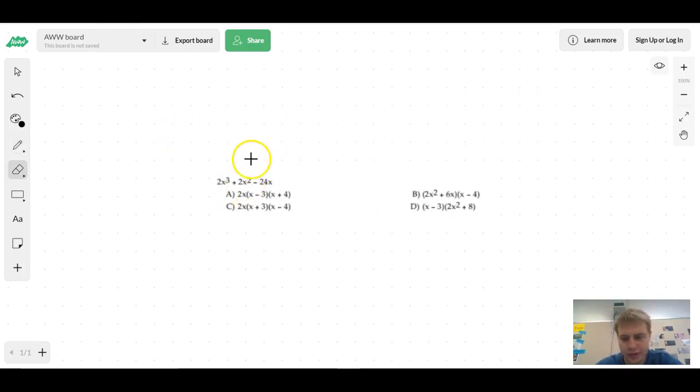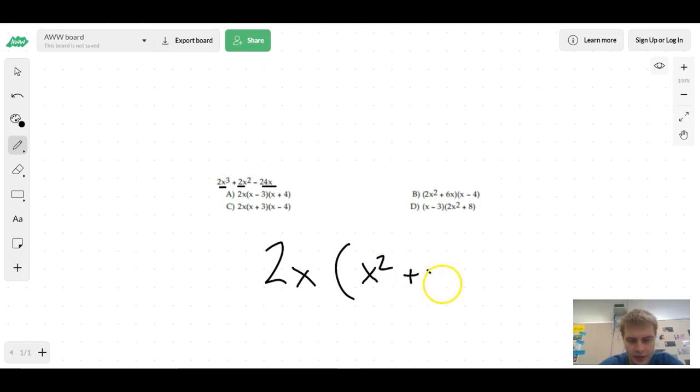Okay, so they wanted me to factor this. So when I look at factoring this, I look across and I see, oh, every single one shares a 2 and an x. So the first thing that I could divide out of all of these would be a 2 and an x. That would leave me x squared plus x minus 12.